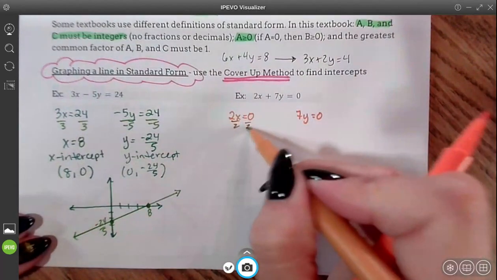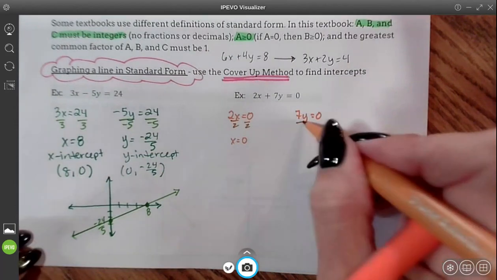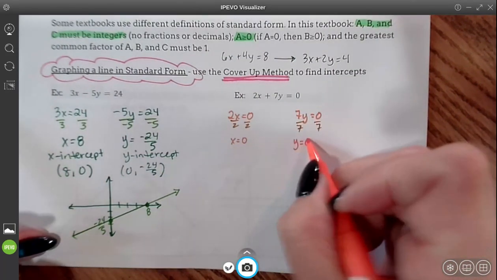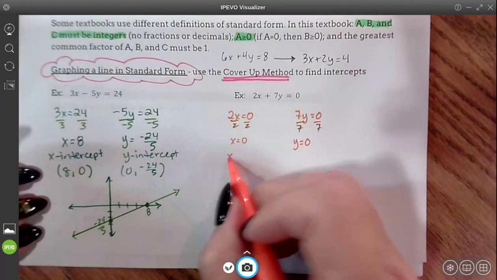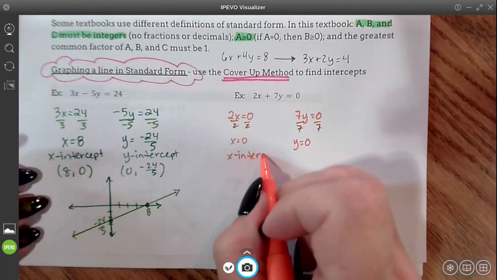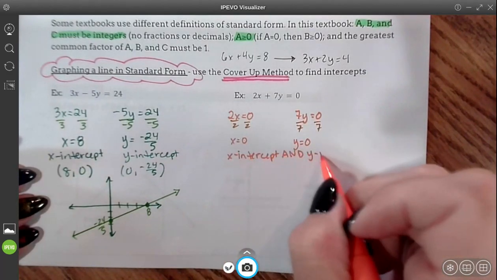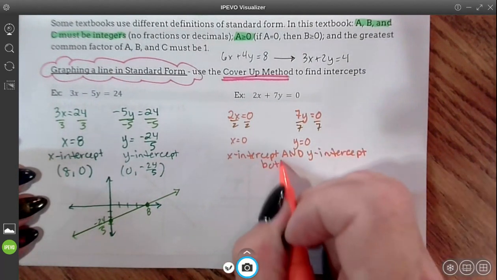Divide by 2, I get x equals 0. Divide by 7, I get y equals 0. So here I have the x-intercept and the y-intercept are both at (0, 0).